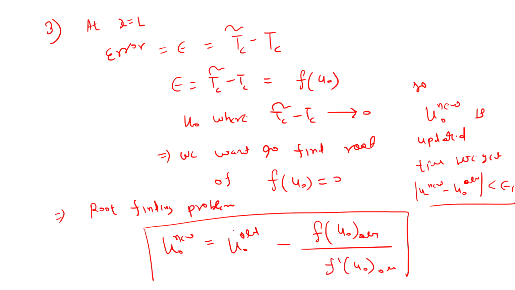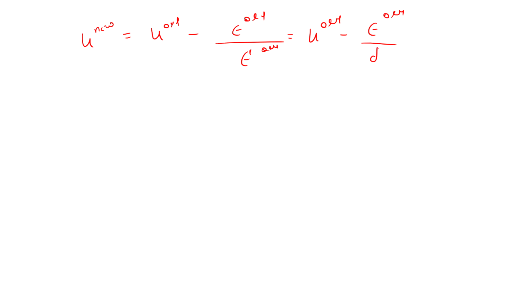Now this is nothing but, that means u new is nothing but u old minus error at old divided by error prime at old, or u old minus epsilon old divided by d epsilon over du. This is u naught.